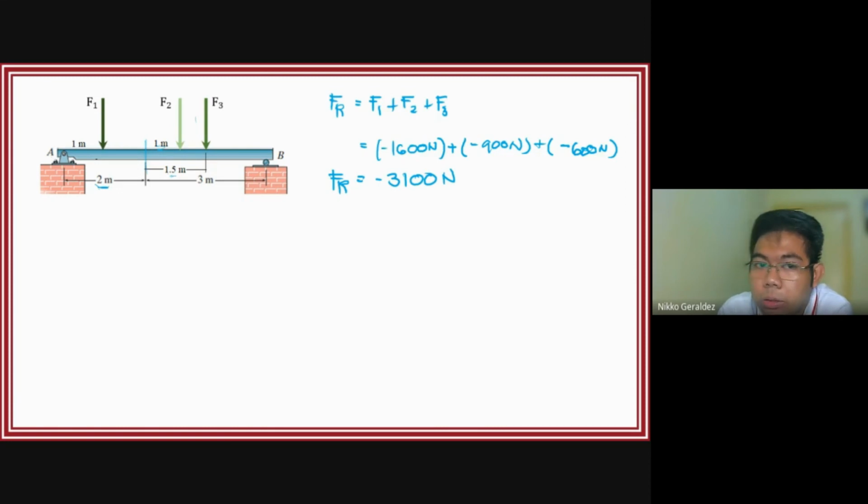The resultant is to be measured from point A, so we use Varignon's theorem again: FR times D is equal to the summation of moments at point A, clockwise positive.